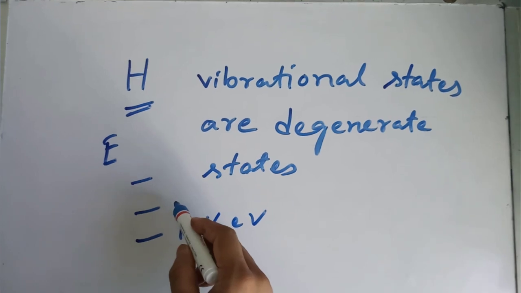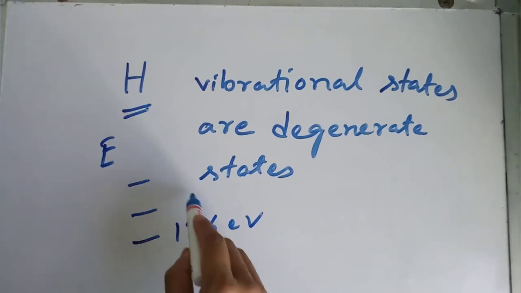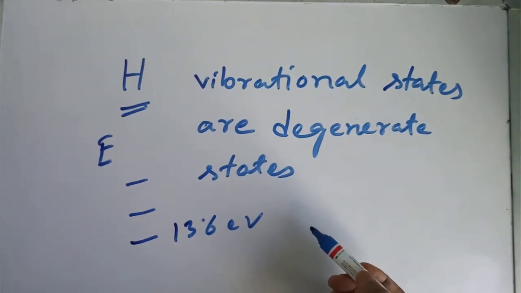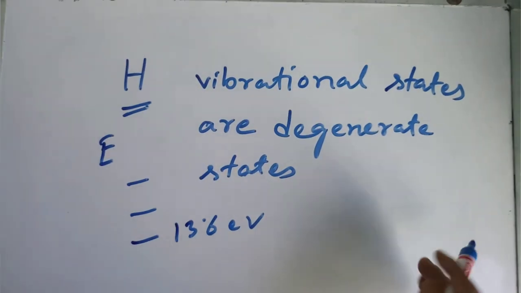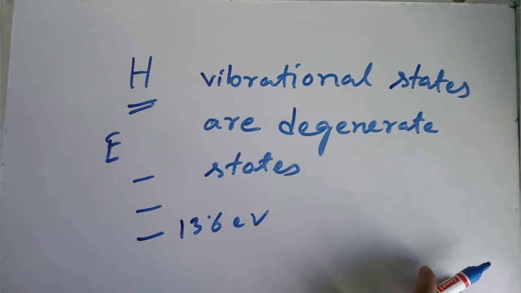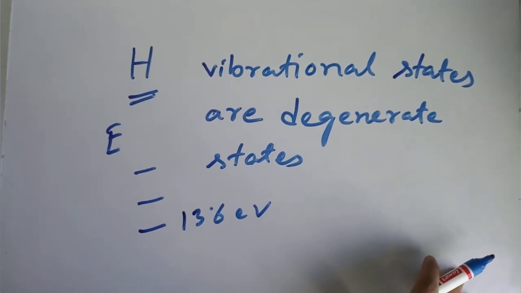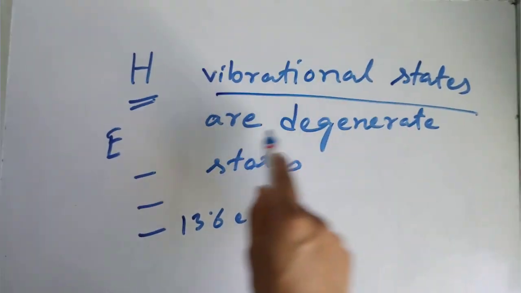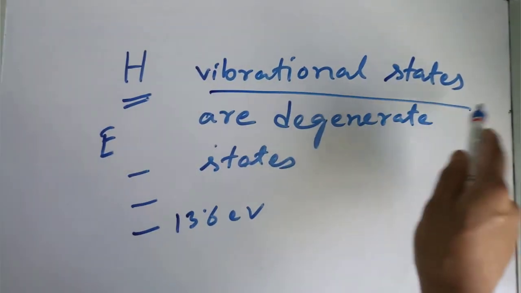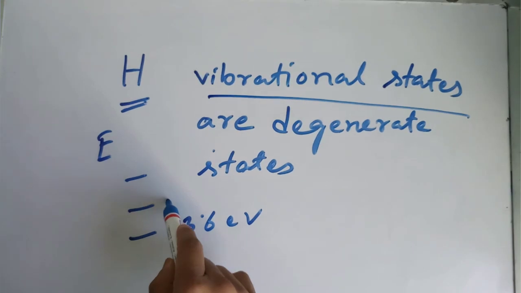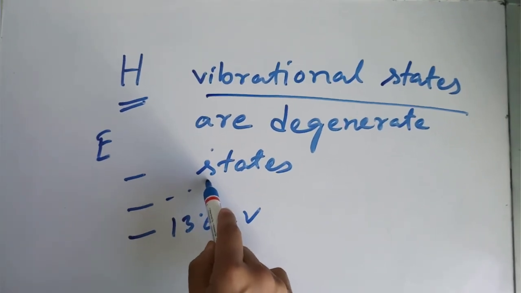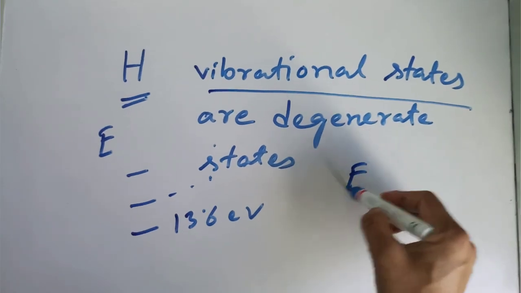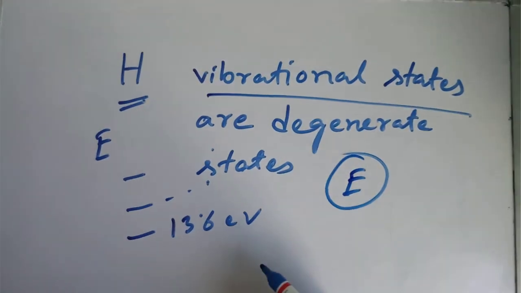And from there, you will get the vibrational states, rotational states. It will be clear when you read atomic physics. So for every vibrational state, your energy will be the same. That means here energy E is your eigenvalue.